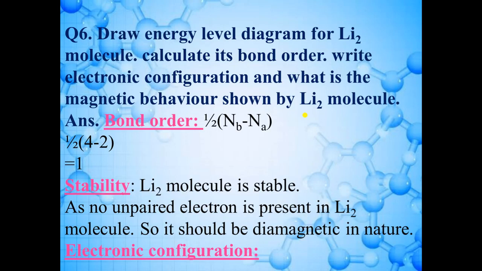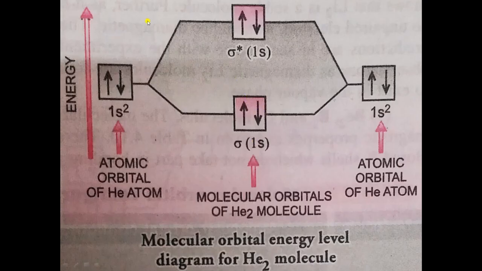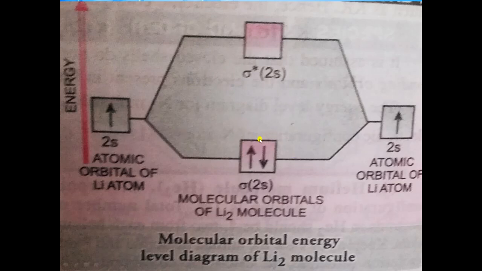Now we will calculate bond order. The formula is half of bonding electrons minus anti-bonding electrons. Okay. So bonding electrons are total 4. How? Because 2 electrons are present in sigma 1s and 2 electrons are present in sigma 2s here.